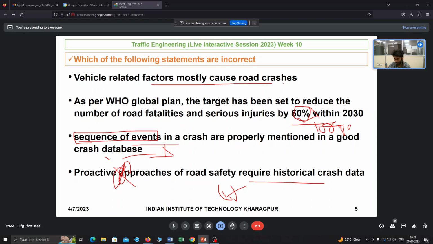And vehicle related factors are essential, but not that essential, because even if you do not have your seat belt in place, you may be involved in accidents. Sometimes it may, but because it says mostly, it may not be true, so it may be false, because these others are the true statements.